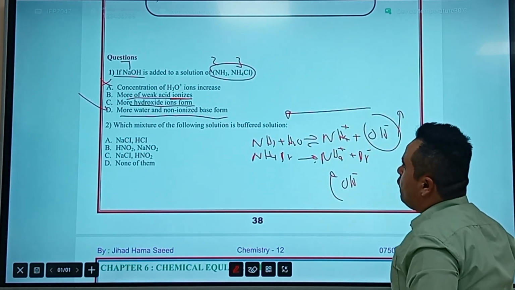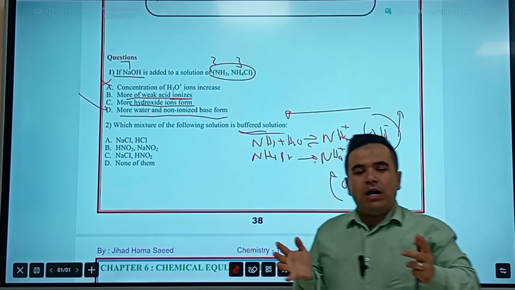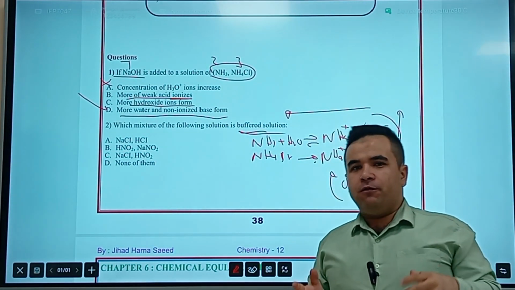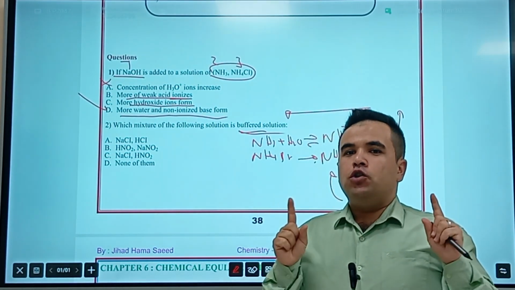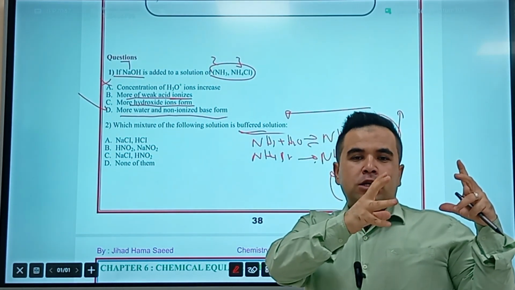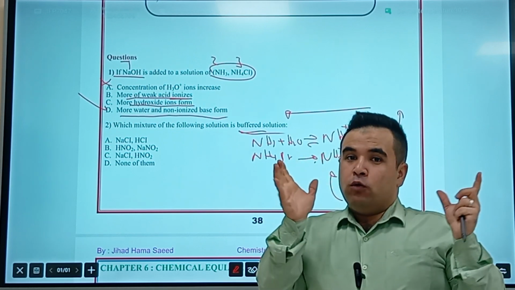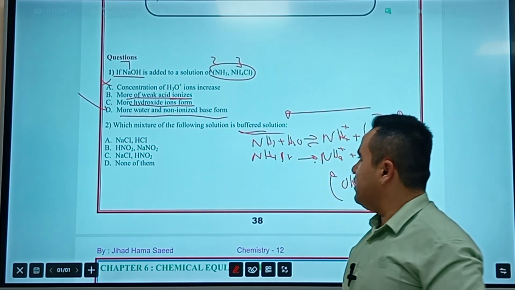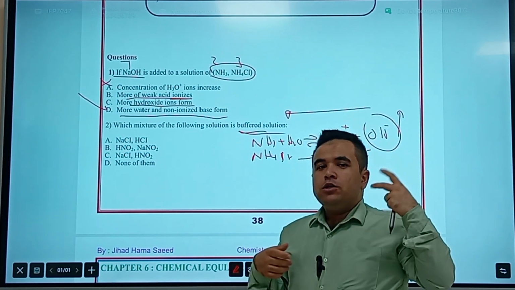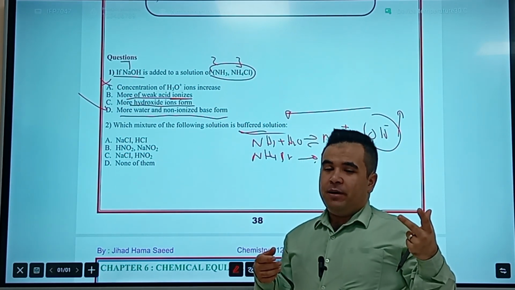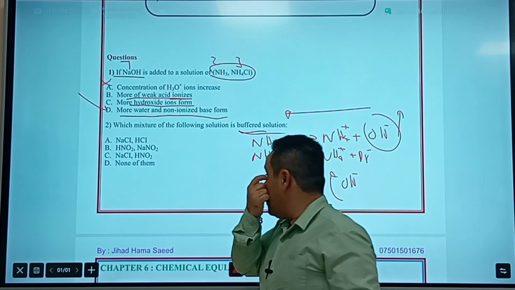Which mixture of the following solutions is a buffer solution? Whenever asked which of the following forms a buffer solution, we always have to choose the weak acid with its basic salt, or the weak base with its acidic salt, which have a common ion in between.